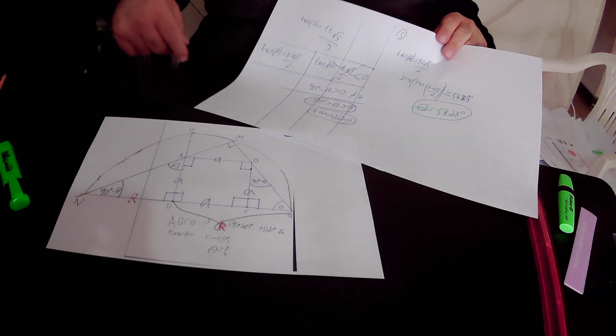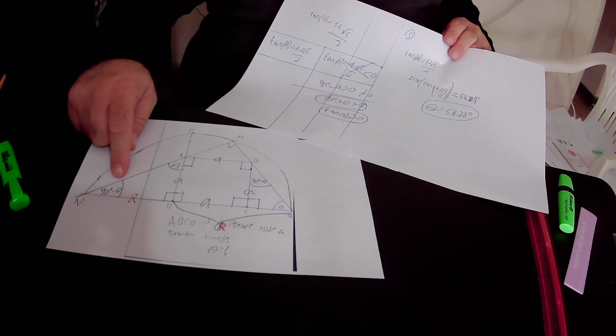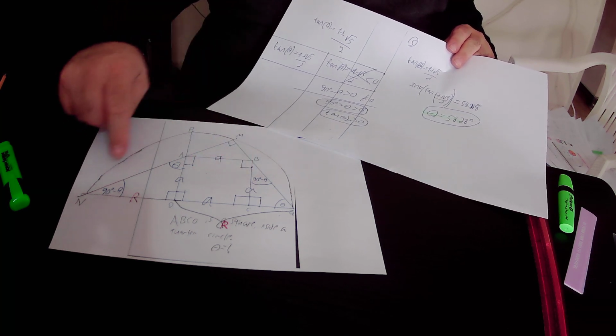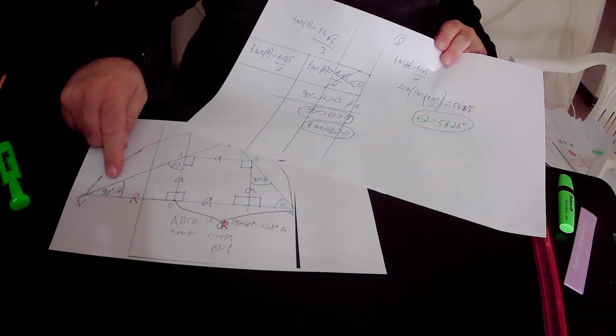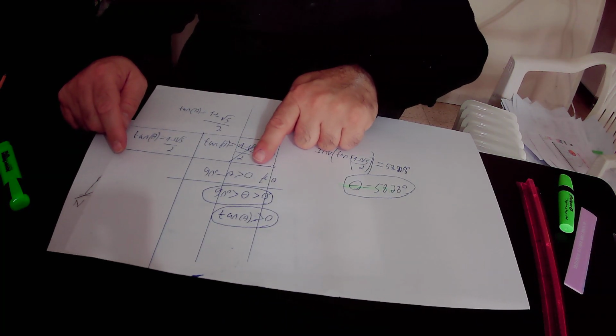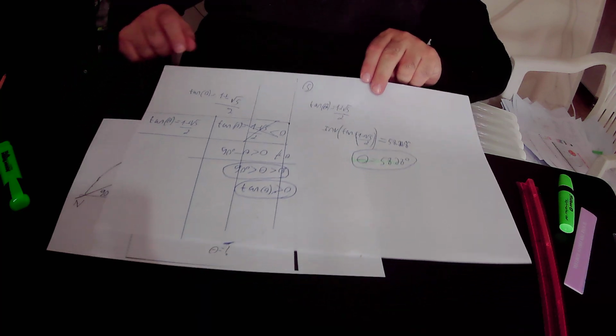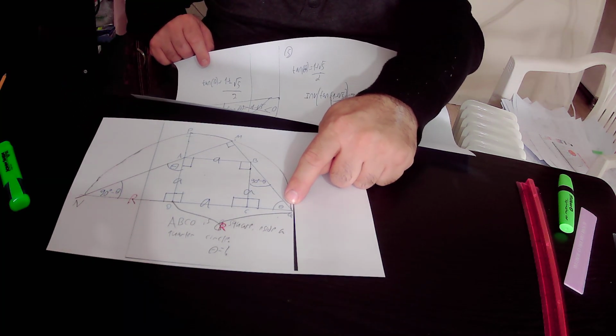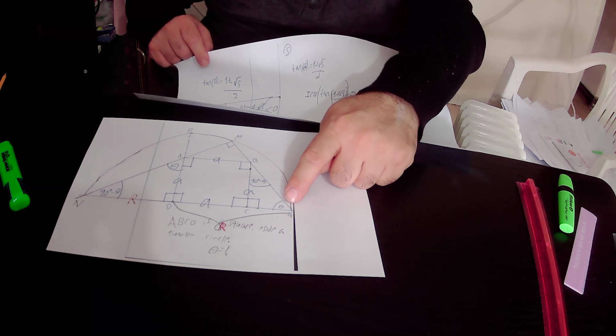But from the drawing, you can see that 90 degrees minus theta is one angle out of three angles of the right triangle, triangle NMQ. Therefore, it is a positive number. So 90 degrees minus theta is a positive number from one side. And from the other side, theta itself is also a positive number. It is one out of three angles in the right triangle.